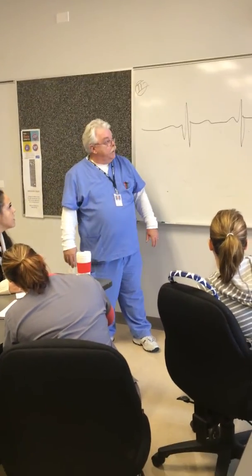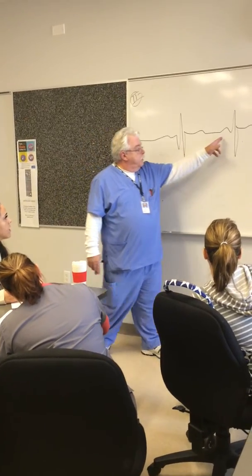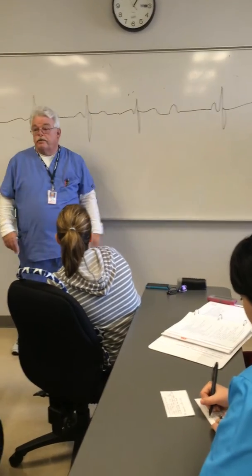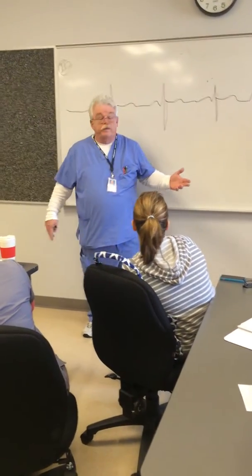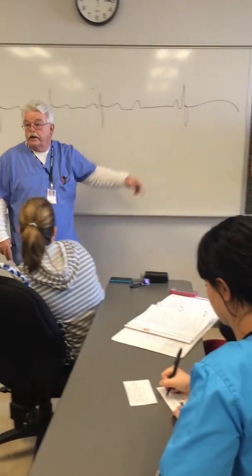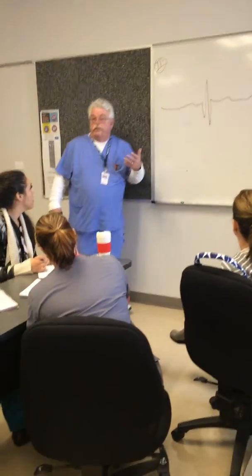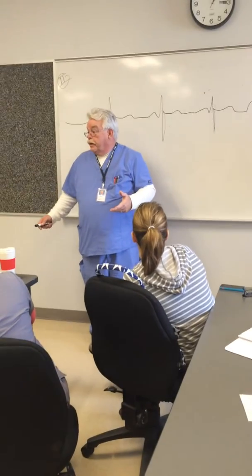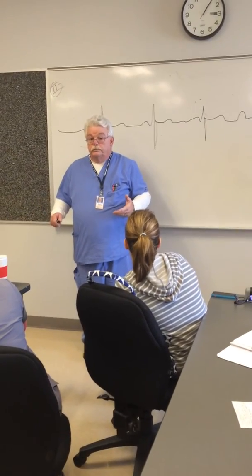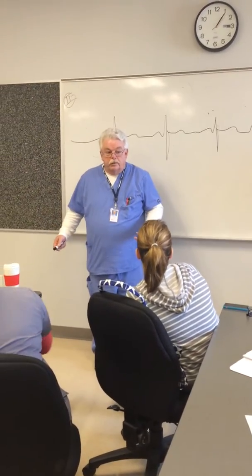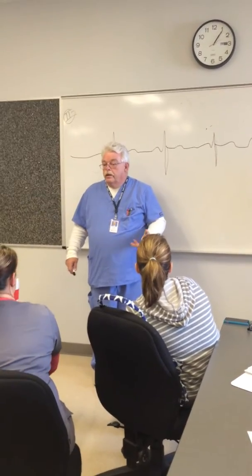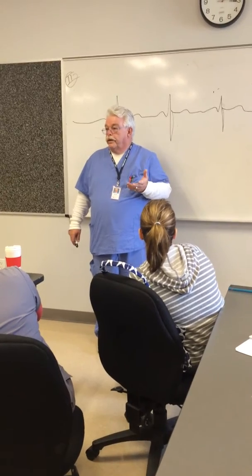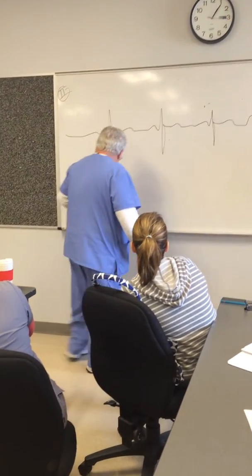You look at these PR intervals, and they're the same, and then you have a P wave just hanging out all by itself with no QRS, and then the whole mess starts all over again. That's a Mobitz 2, second degree type 2. Everybody cool there? Okay. Any blocks?